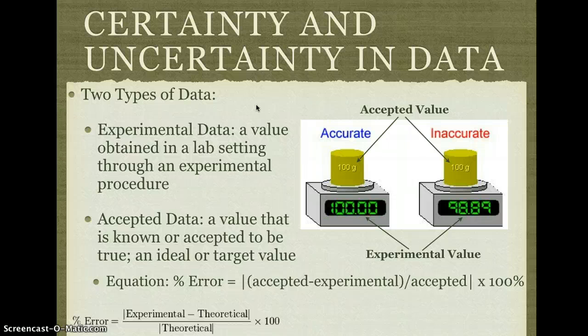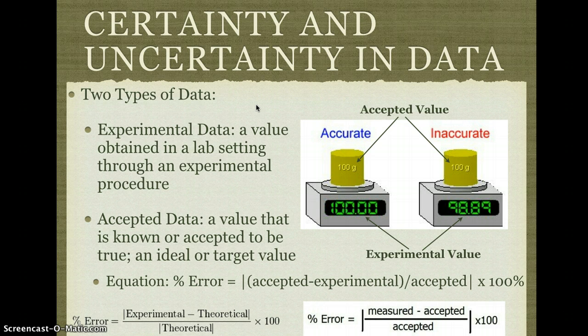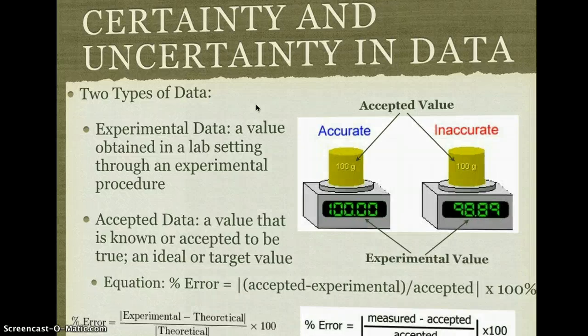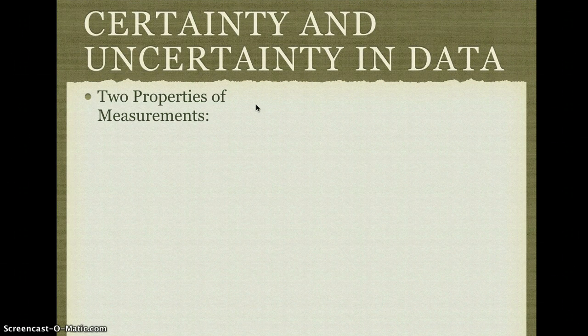They'll both be 1 because of the absolute value there. Another way that this equation could be presented is measured, which is experimental, minus the accepted. So there's a few ways you might see this presented. I will be presenting it the way you see the first one that I had listed there. We'll use that equation to find percent error.